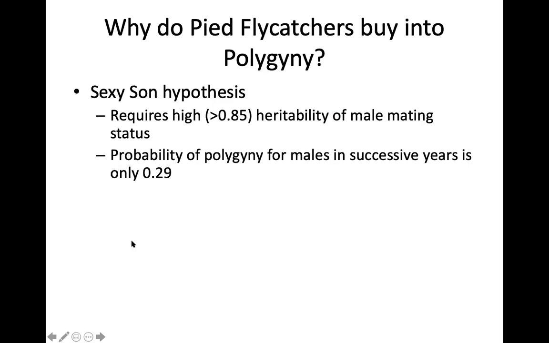And as it turns out, achieving polygyny is actually quite difficult. And so this probability of being polygynous doesn't match up with the expectation that would be required for female parents to want to suffer that reduction in survival of offspring as a trade-off for getting this sexiness in their offspring.